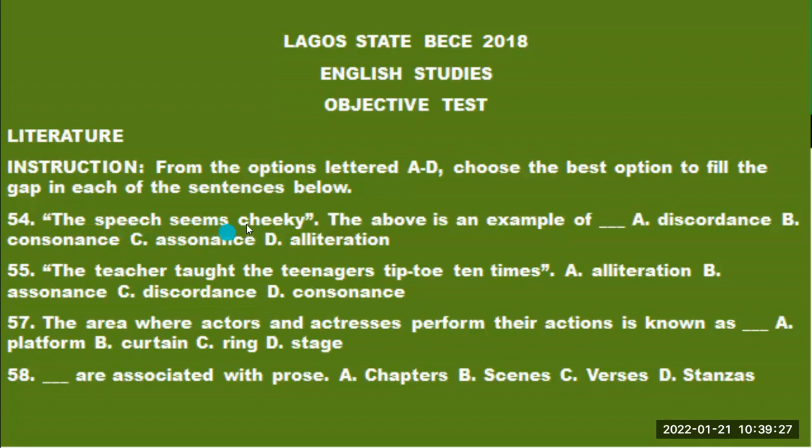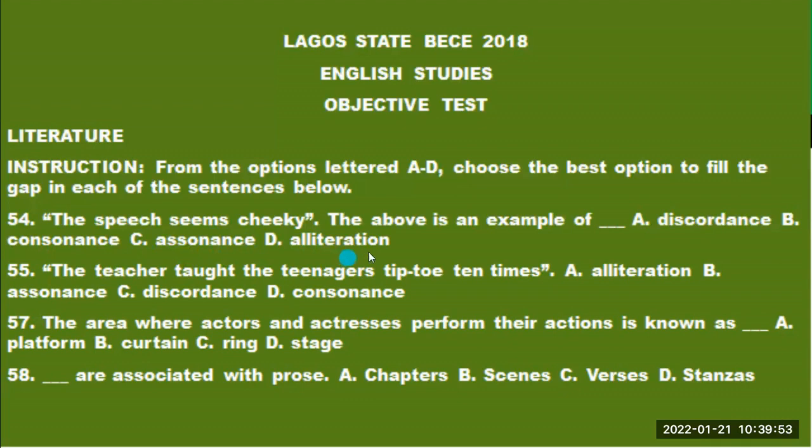So this repetition of the internal vowel sound is known as assonance. Consonance concerns the consonants; it is the repetition of the consonant sounds, while assonance is repetition of the vowel sound.